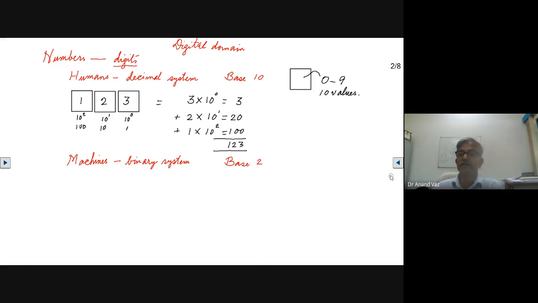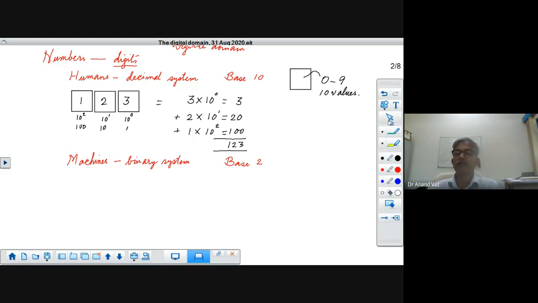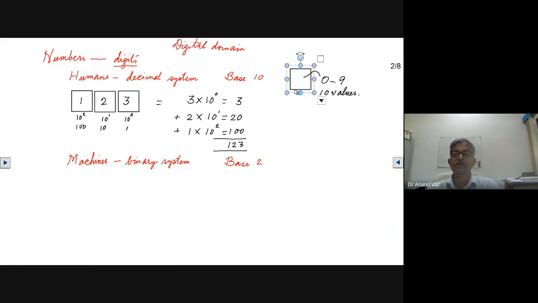So if you take a binary digit, it can have only 2 possible values because the base is 2.